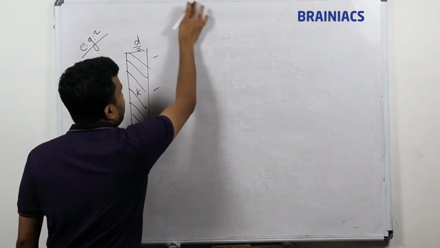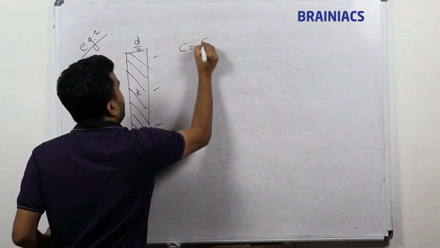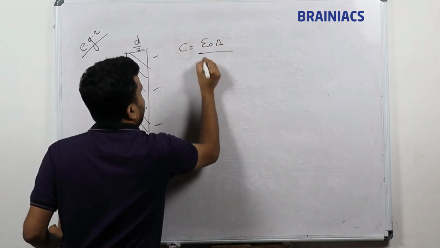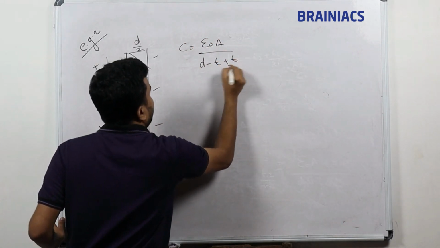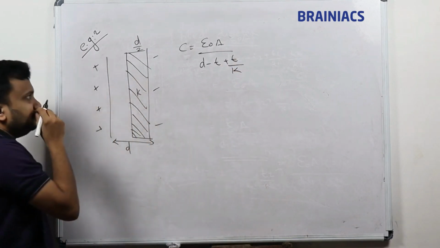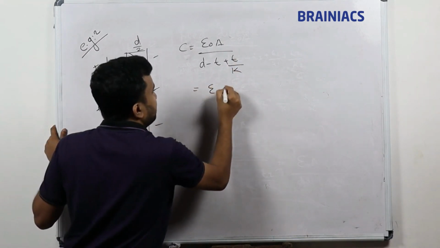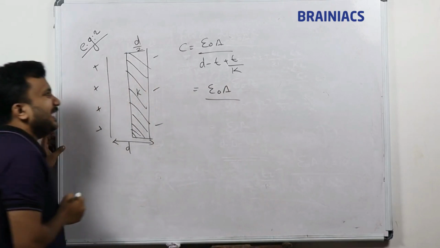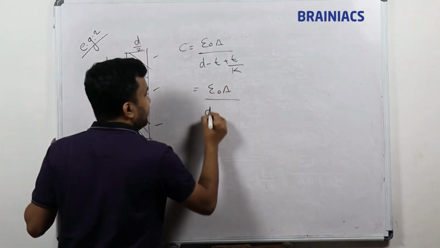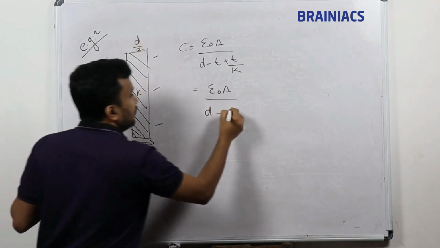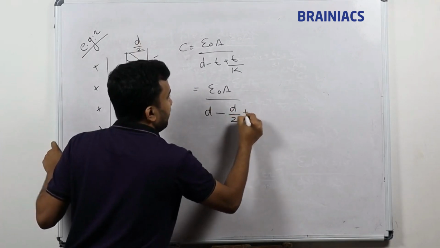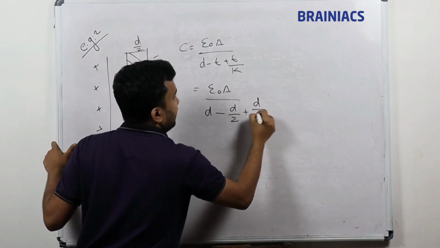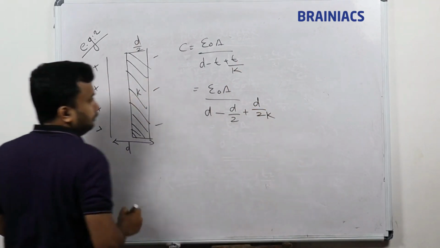So immediately we can write the formula C is equal to epsilon A divided by D minus T plus T divided by K. That's all. We substitute. Epsilon A divided by D minus T. T means what? T is D by 2. So D by 2 plus T by K, again thickness D by 2K.